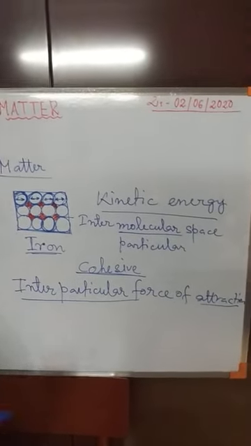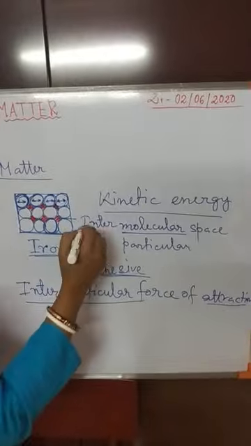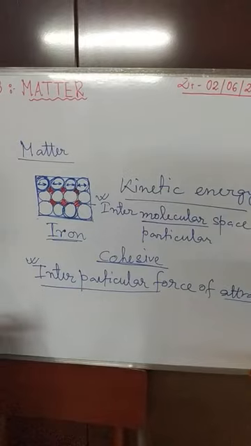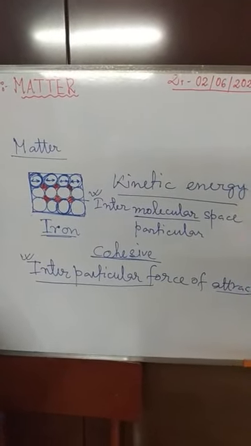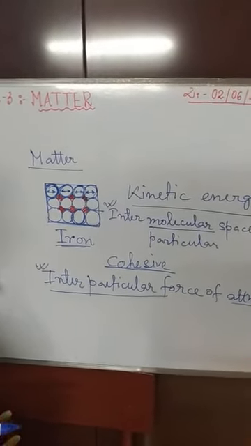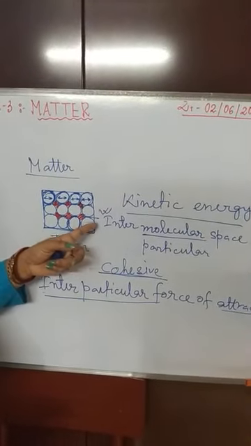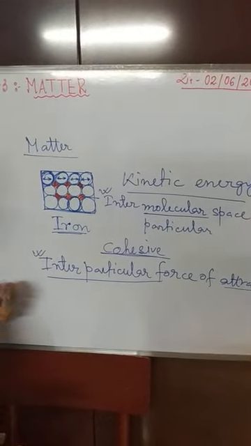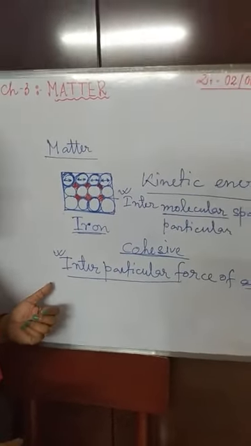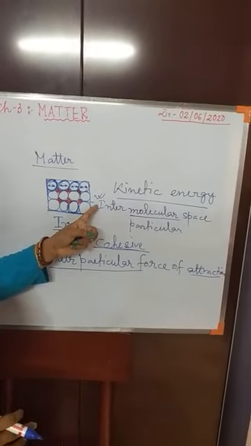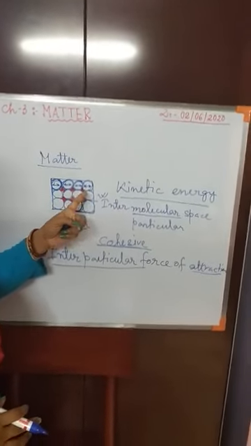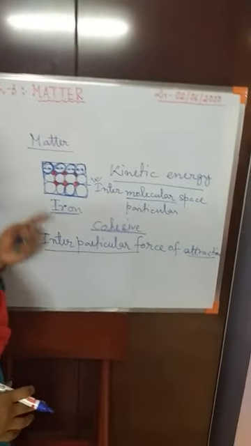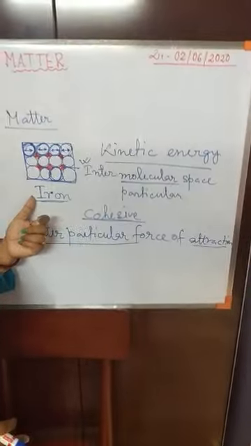So there are two main things in the structure of matter, that is intermolecular space and intermolecular force of attraction. If the force of attraction is more, then there will be less intermolecular space, and if the force of attraction is less, then the interparticular space will be more.